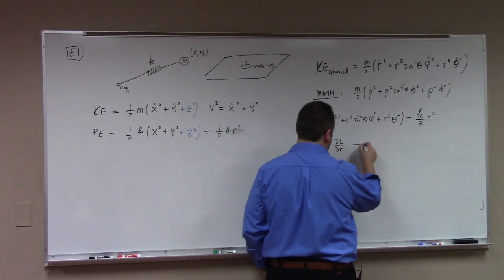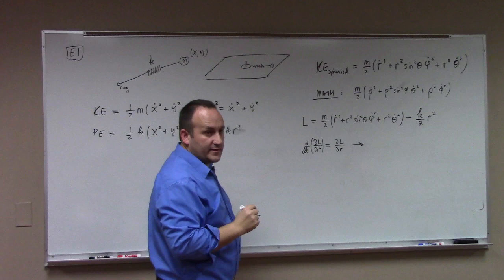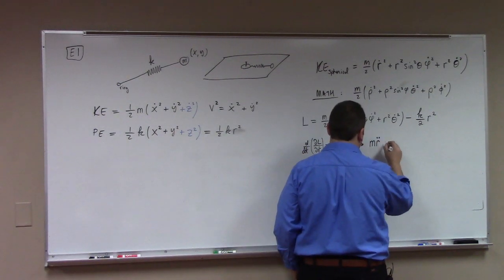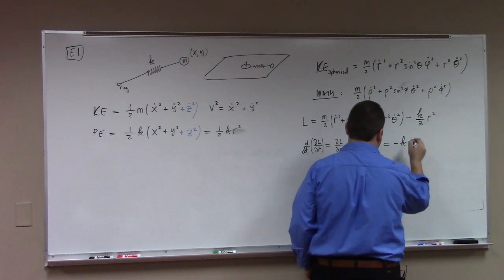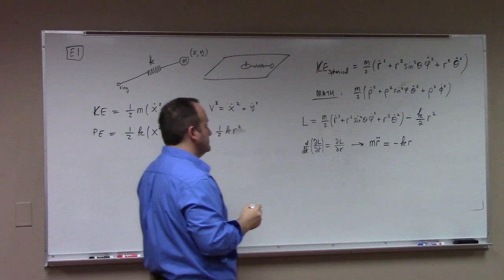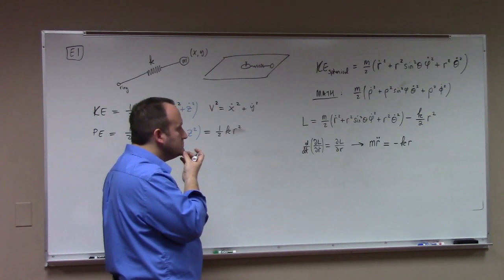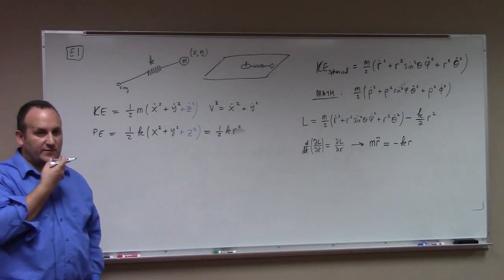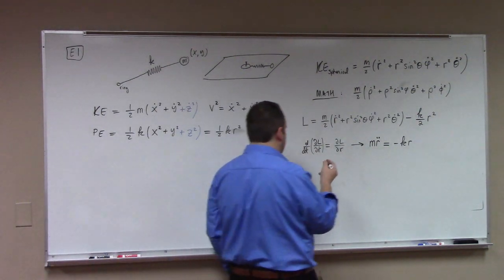What's that give us if we do the math? Partial L, partial r dot is, again, m r double dot. And we get that that's equal to minus k times r. So the radial Euler-Lagrange equation is kind of the same as it was in two dimensions. But the angular ones are going to look a little bit different.